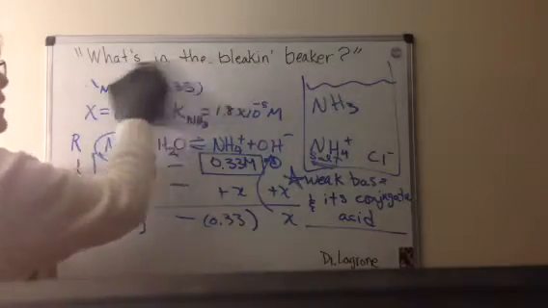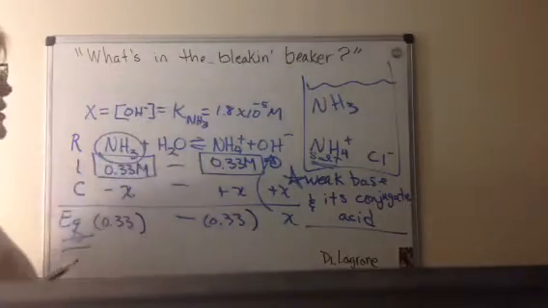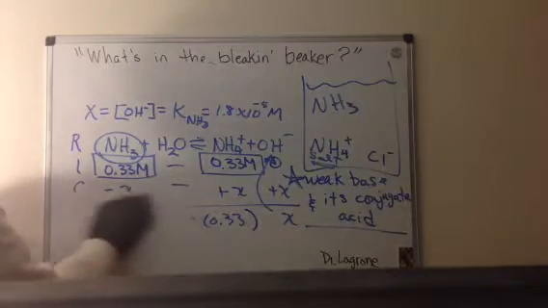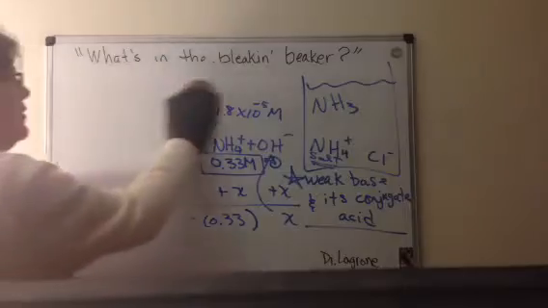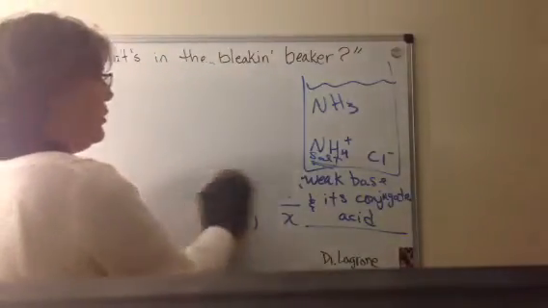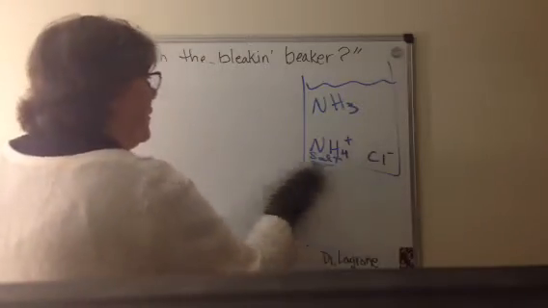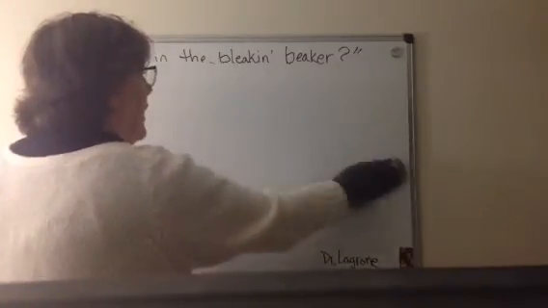Once you have the hydroxide ion concentration, it's just like any other problem. You can go get me pOH, you can get me pH, you can get me hydronium ion concentration. So that's what's in the beaker after you let it react when you end up with conjugate acid-base pairs. You get a common ion effect.